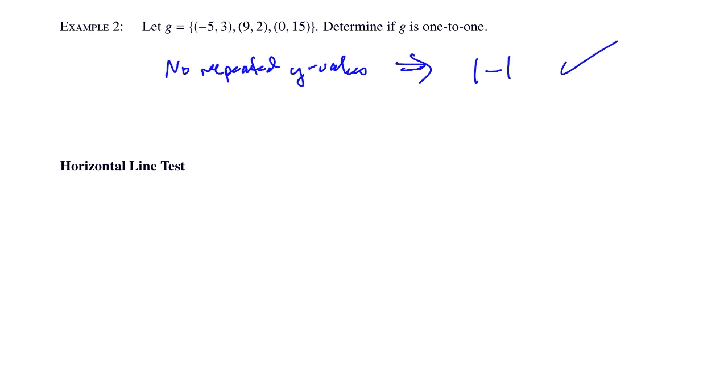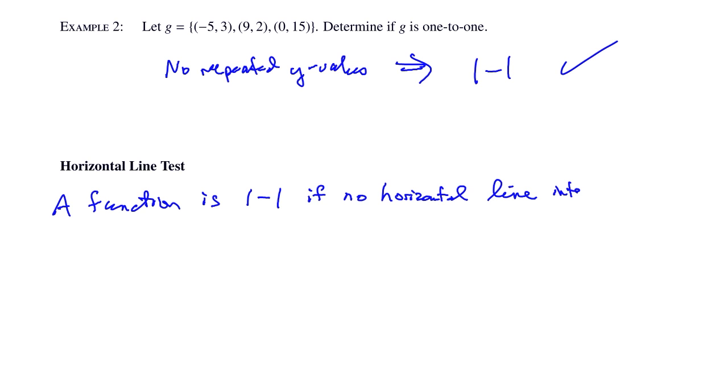A function is one-to-one if no horizontal line intersects the graph in more than one point.